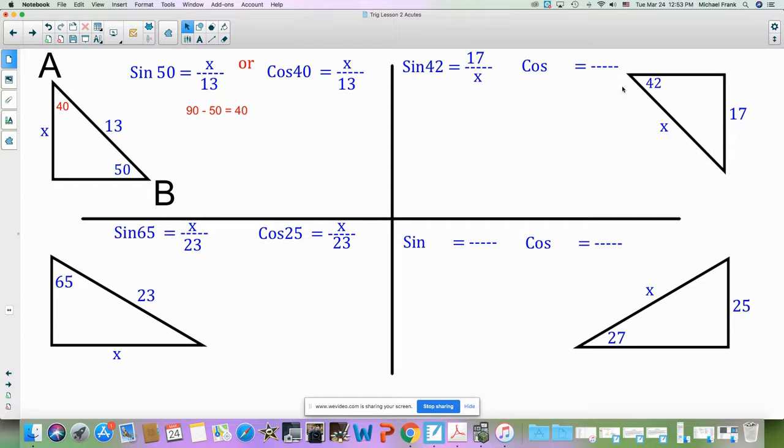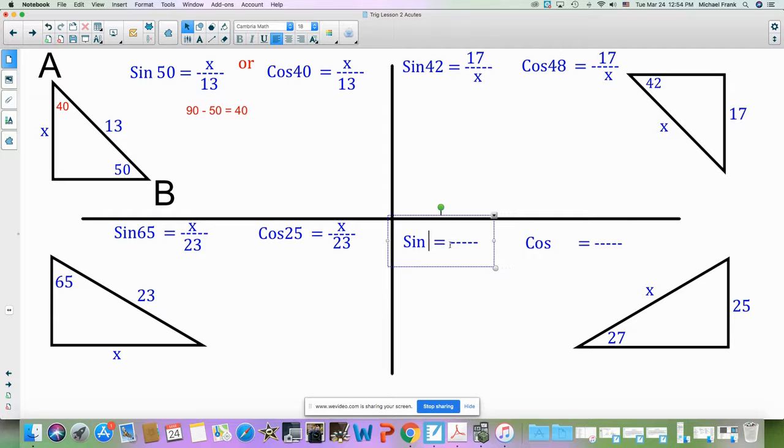And if we went to the other acute angle, it would be 90 minus 42, which would be 48. And the cosine of the other angle would be the adjacent over the hypotenuse, which would also be 17 over x.